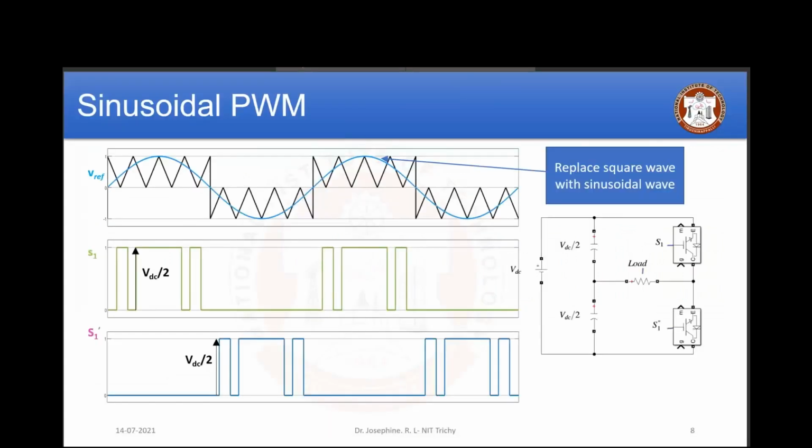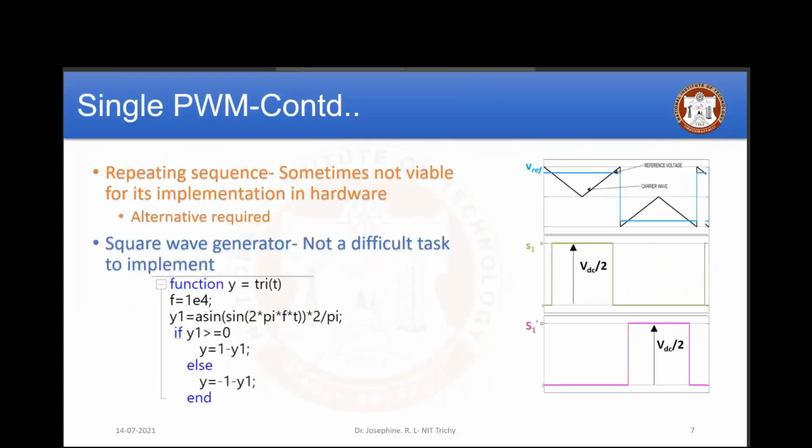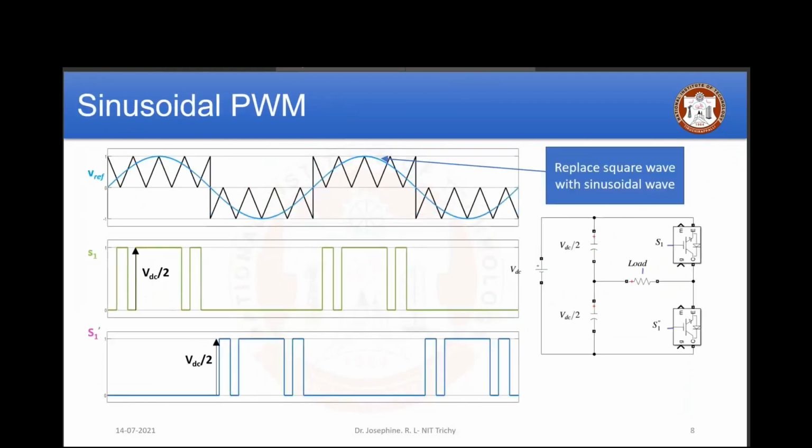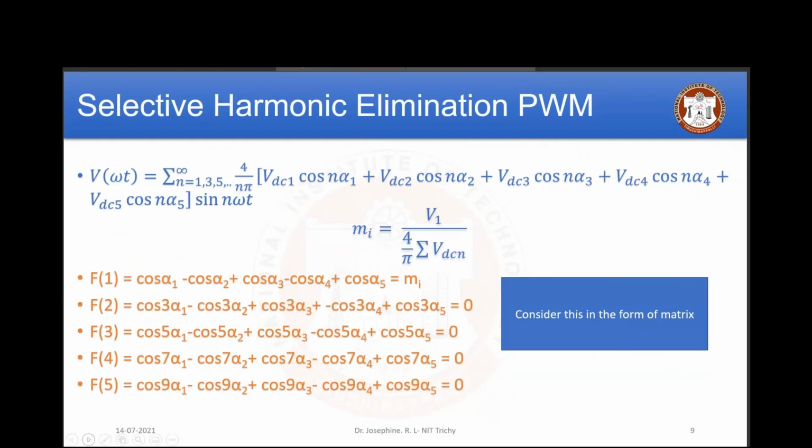So we have covered 3 topics: single pulse width modulation, multiple pulse width modulation, and sinusoidal pulse width modulation. There is something called selective harmonic elimination pulse width modulation. What does it mean? If you want to eliminate specific harmonic contents, suppose I want to eliminate the 3rd, 5th, 7th, 9th, and 11th. If you want to eliminate 5 harmonics, then you can simply choose 5 angles.